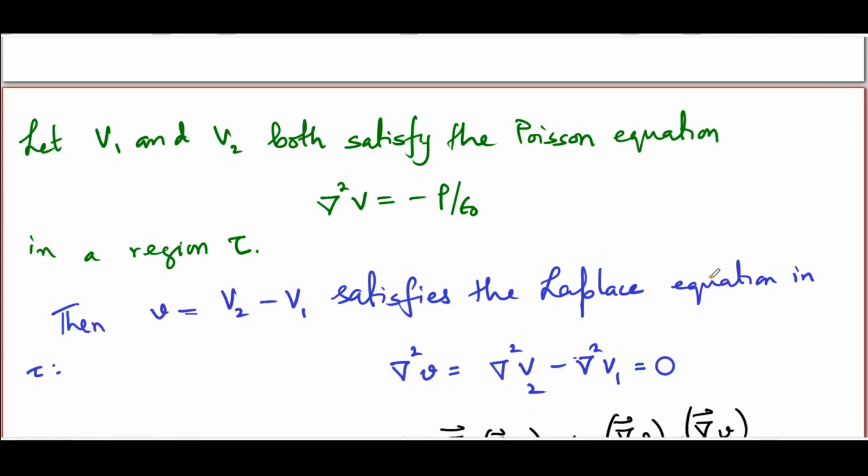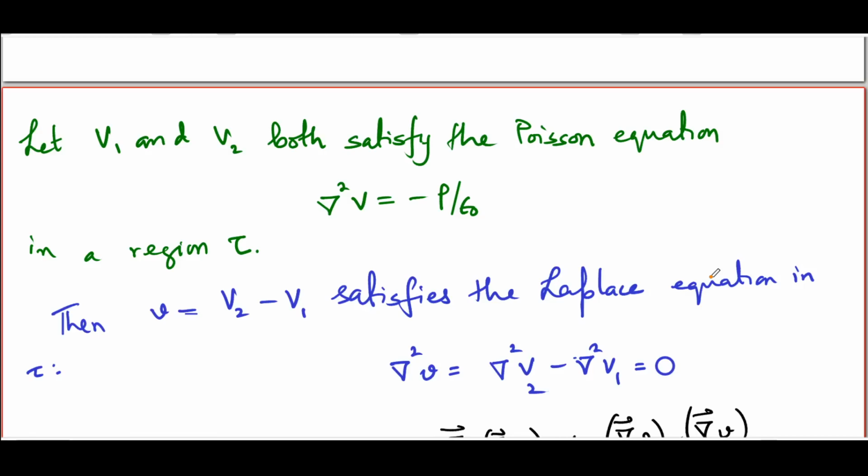Then small v, which is V2 minus V1, the difference, satisfies the Laplace equation. Because the Laplacian of small v is the Laplacian of capital V2 minus Laplacian of capital V1, and that of course is 0 in this case because Laplacian of V2 and Laplacian of V1 are both equal to minus rho of r by epsilon 0, the same rho of r, remember.